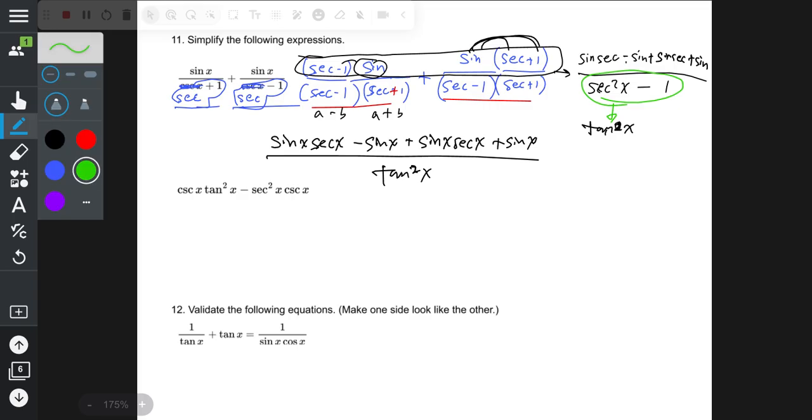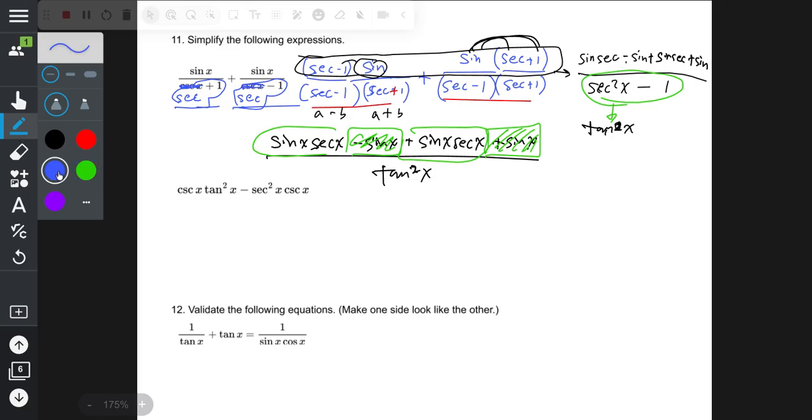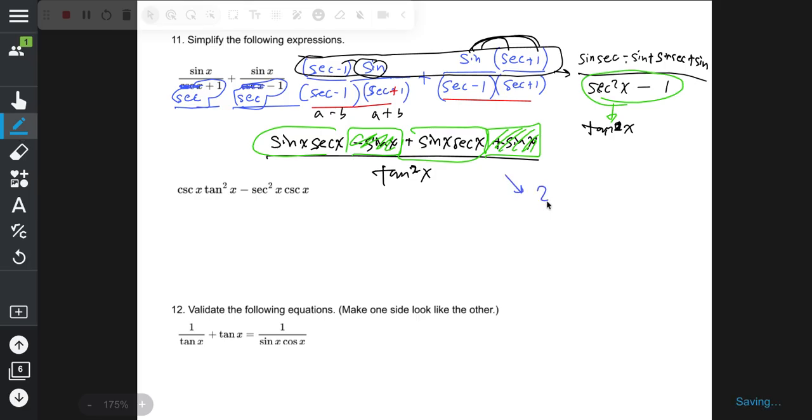But here's the thing that you may notice. When you look here, you have a negative sine x term and a positive sine x term. So what happens? They cancel each other out. And then you have two identical terms. So really, what we're writing here is 2 of these over tan squared of x.